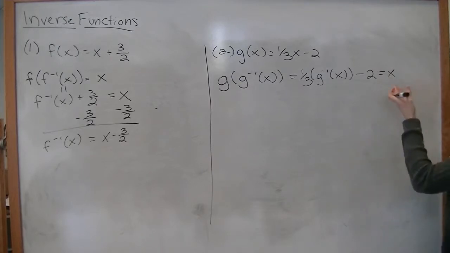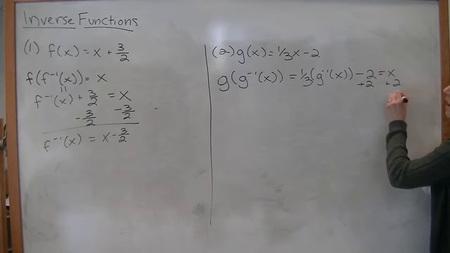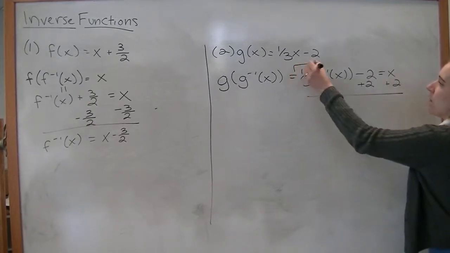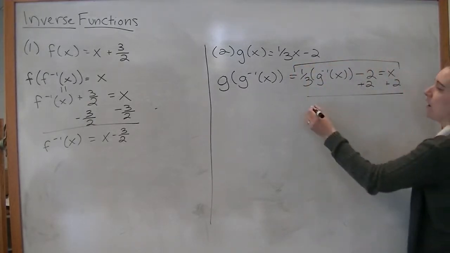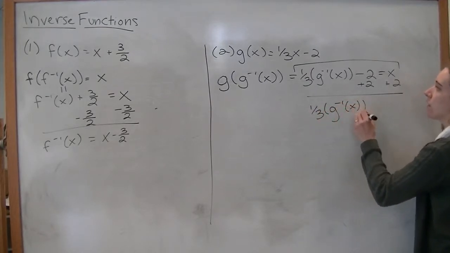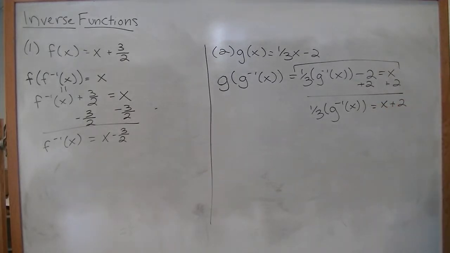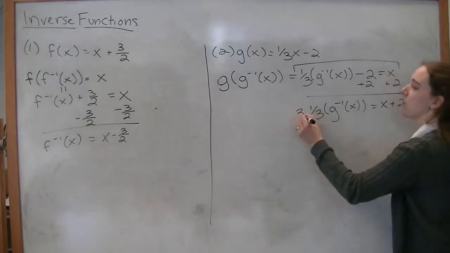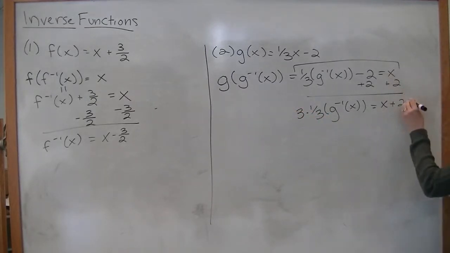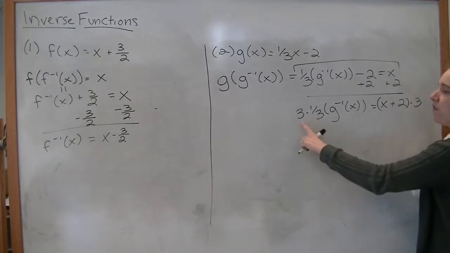So in order to solve for g inverse, I can add 2 to both sides to start. So I can just look at this piece in order to solve it. So I get 1/3 times g inverse of x is equal to x plus 2. Now in order to get this 1/3 out of the way, I can just multiply both sides by 3, because 3 is the multiplicative inverse of 1/3.